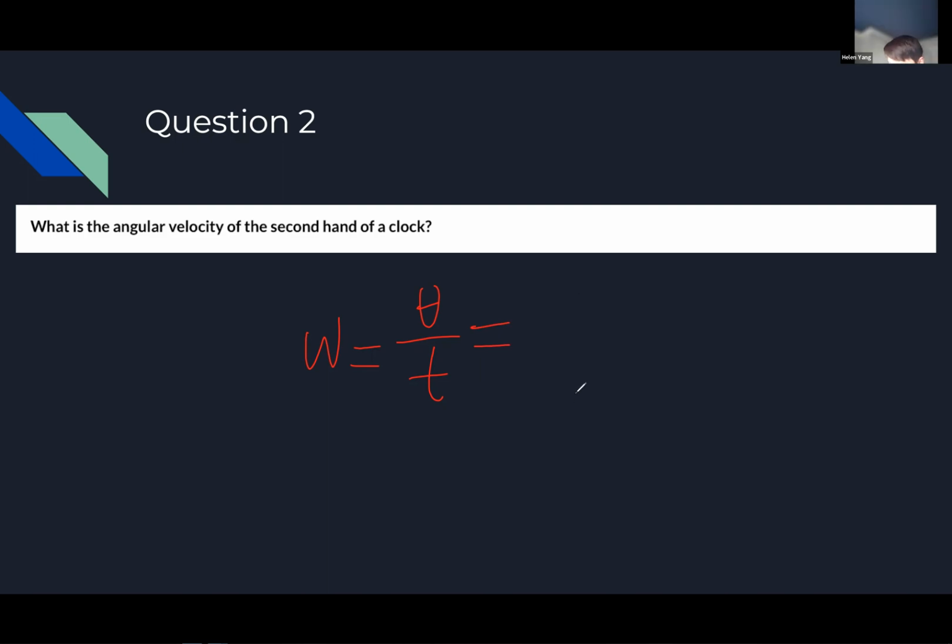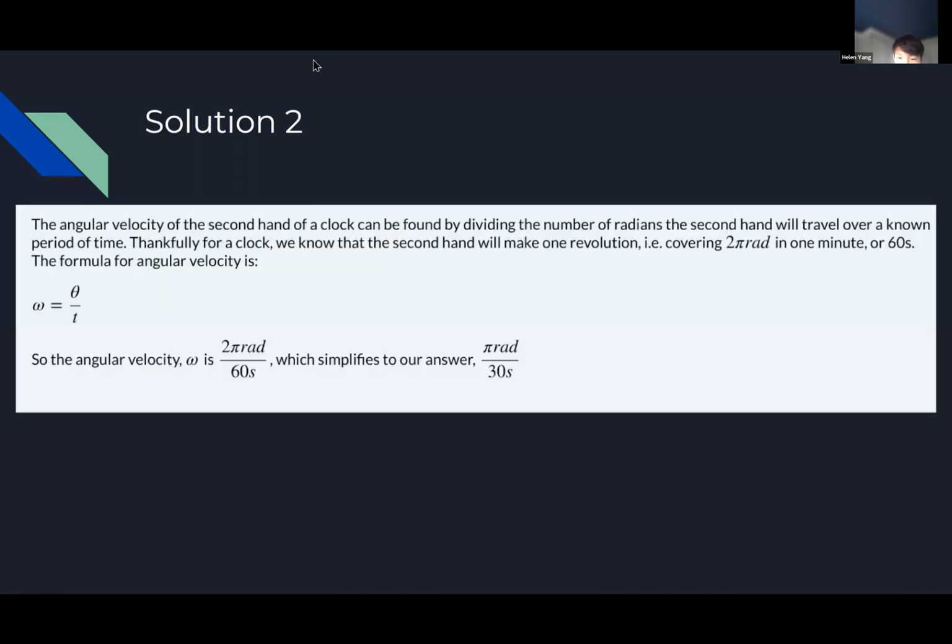So this is 2 pi over 60, which is equal to pi over 30, which is 0.14. So this is the solution here.